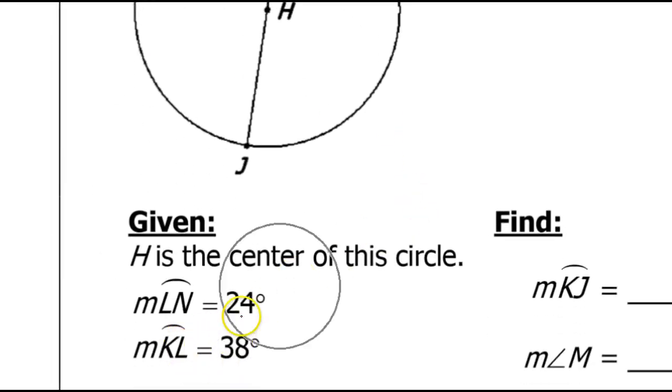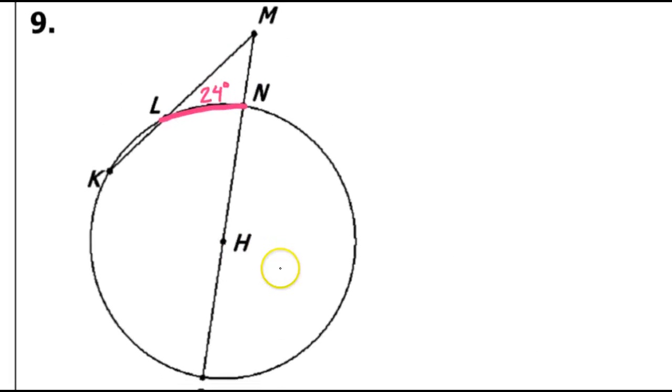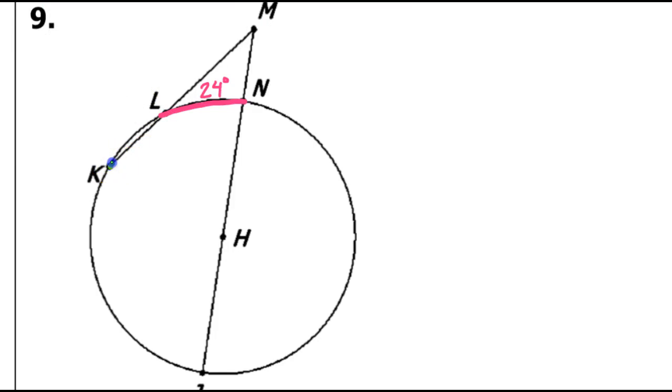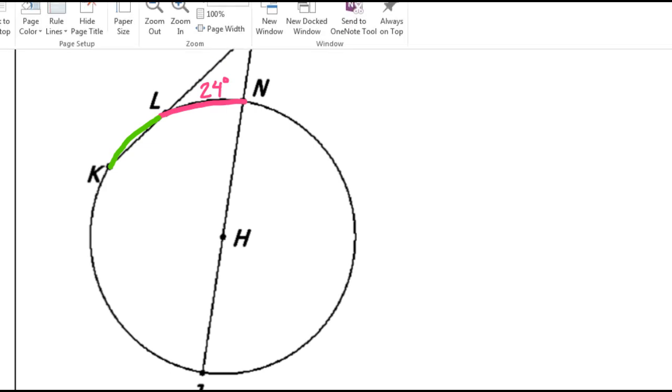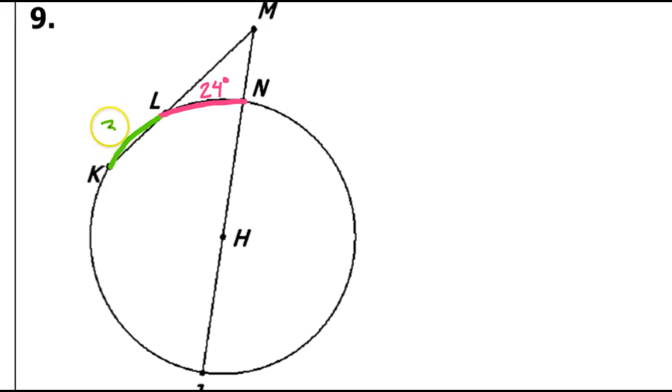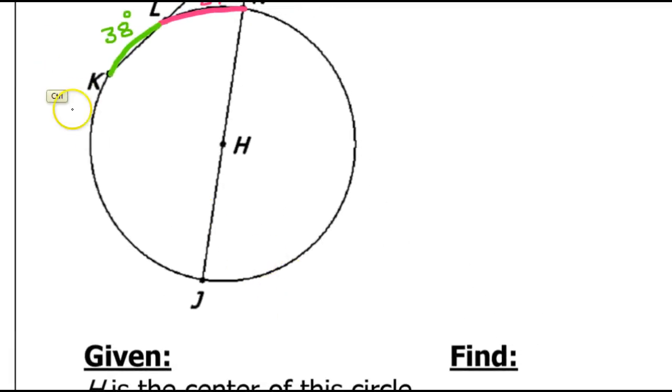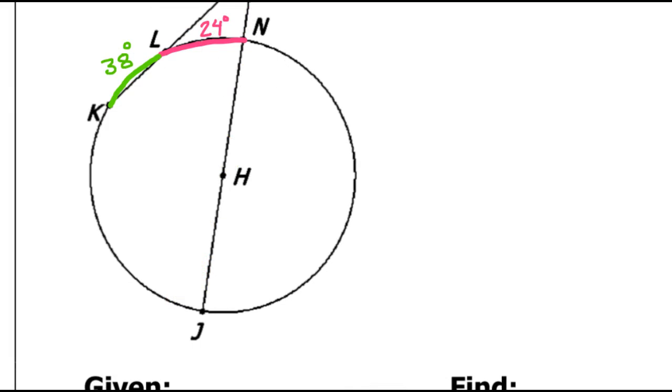Arc KL is 38 degrees. Okay, that's what we know. Now we're supposed to find arc KJ. So this is down here. All right, let's go ahead and we can do that right now. All right, we are being asked to find arc KJ.